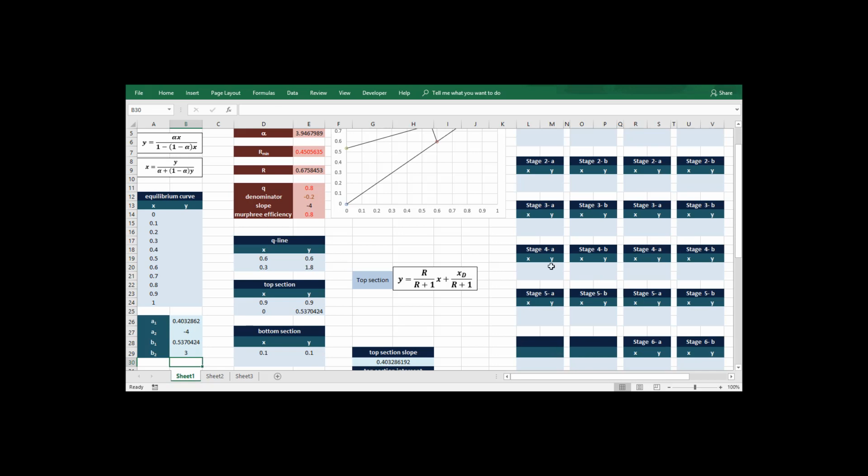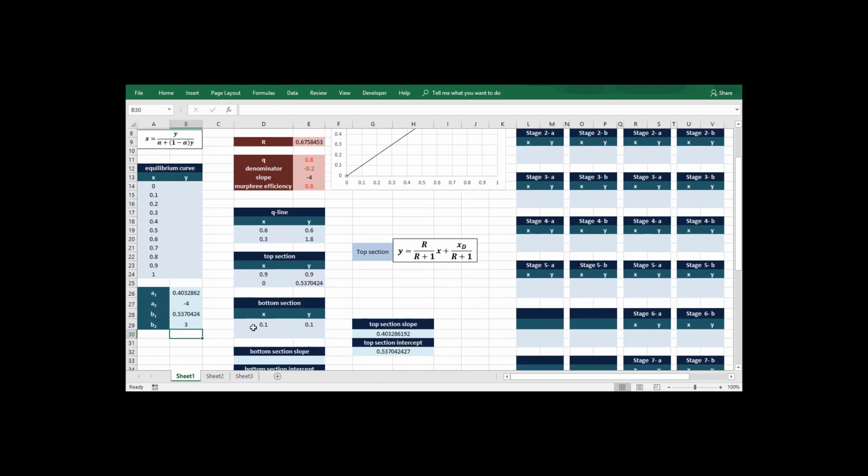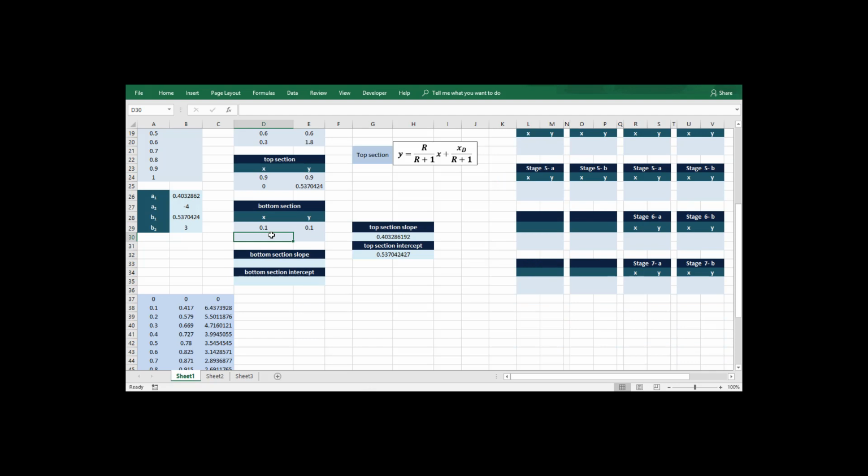The second value of x equals b2 minus b1 all over a1 minus a2. For the second value of y, I will use the equation y equals a1 x plus b1.